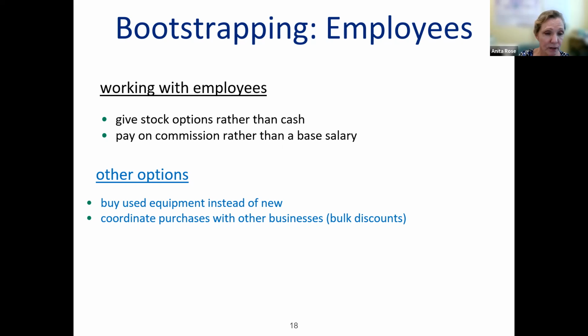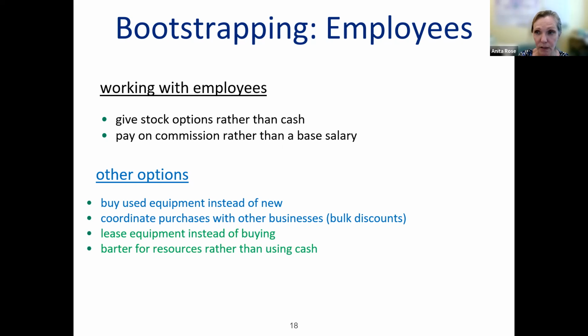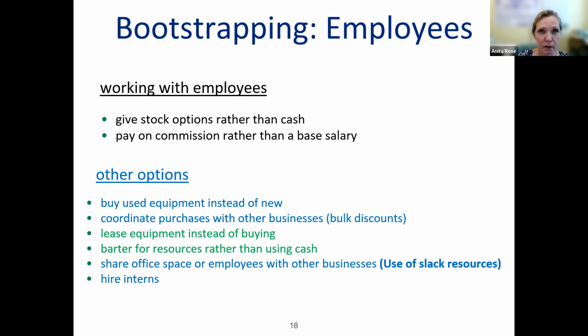Leasing equipment is another, coordinating purchases, maybe bulk discounts. And leasing, right, instead of bartering is another interesting way to work out business opportunities. So bootstrapping is just keeping things very lean and thinking of ways to start a business with very few funds.